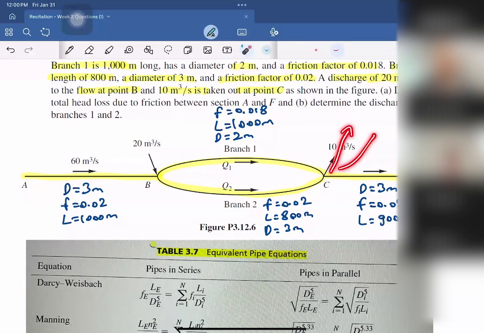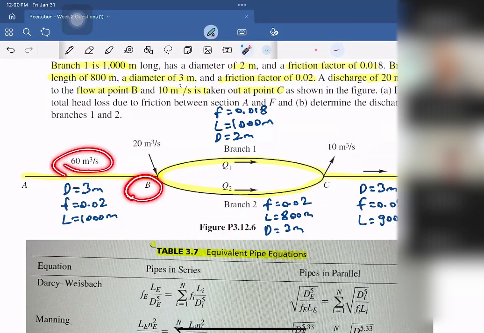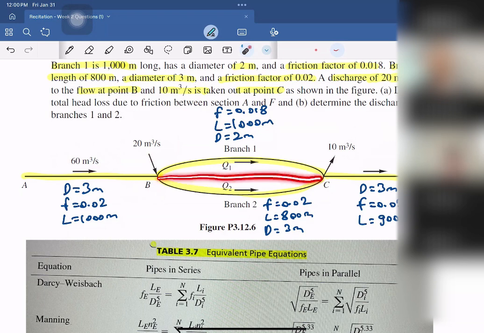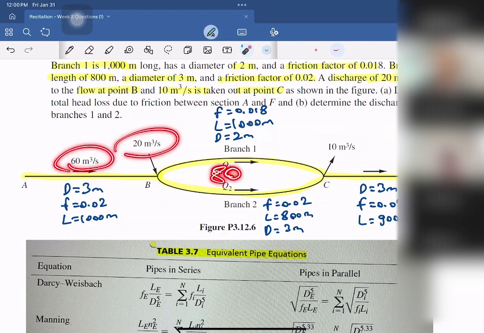So once we are coming to the point B, we will have both of these discharges. But after this pipe, we will lose 10 cubic meter per second, and we will continue with 70 cubic meter per second. Because we have 60, 20, and we have 80 here, and the remaining is 70.